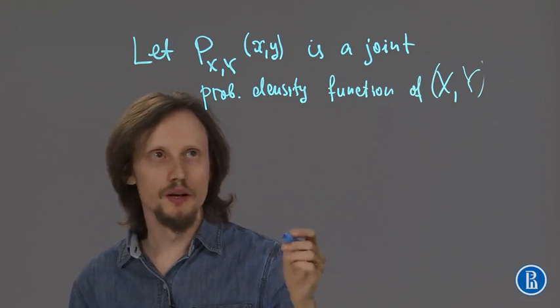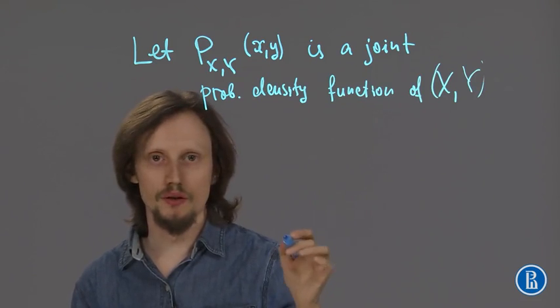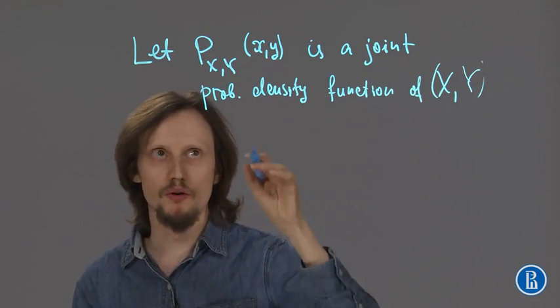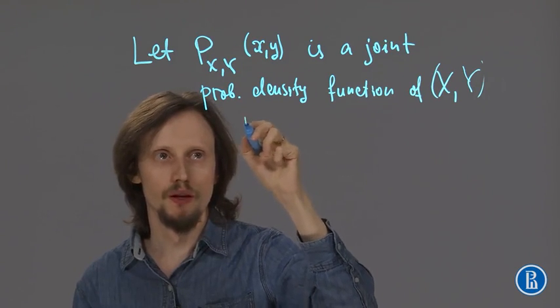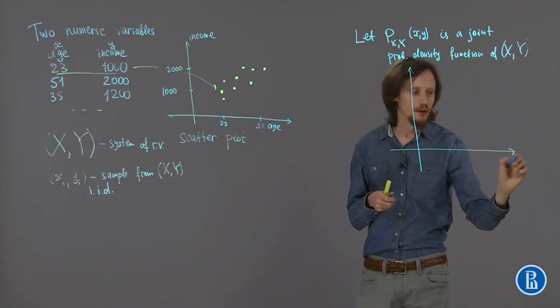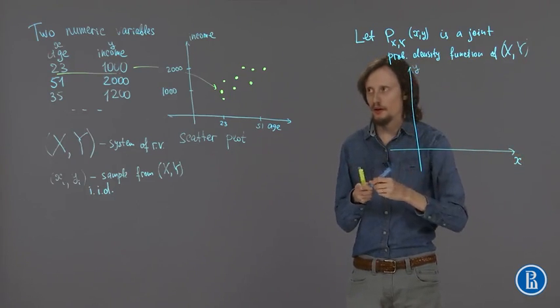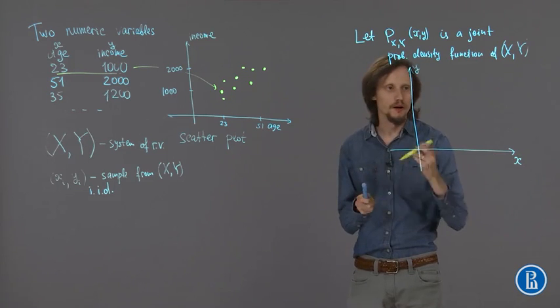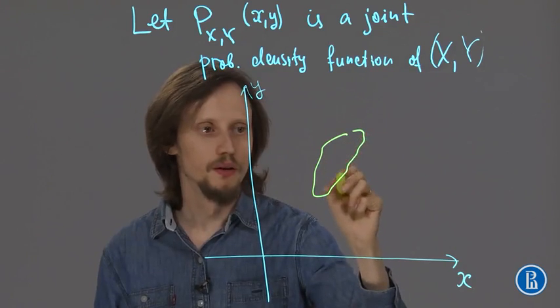Let us visualize this function by plotting regions of large value of this function and regions of lower values. So I plot again these axes, x and y, and assume that I have, for example, large values somewhere here.